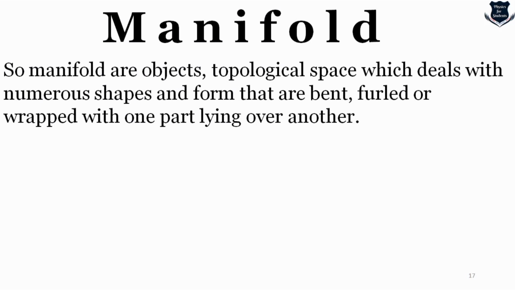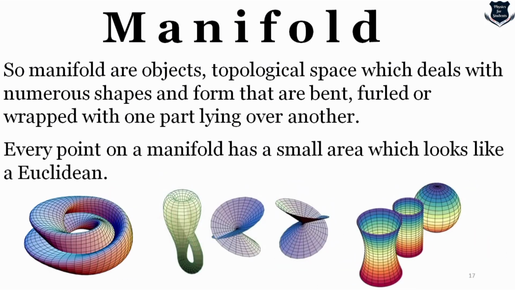So more precisely, every point on a manifold has a small area around it that looks locally Euclidean. Yeah, so this is very, very important. We are going to explore more on this. Every point on a manifold, right at the bottom I have just shown you certain figures, every point on a manifold has a very small area which looks locally like a Euclidean space.